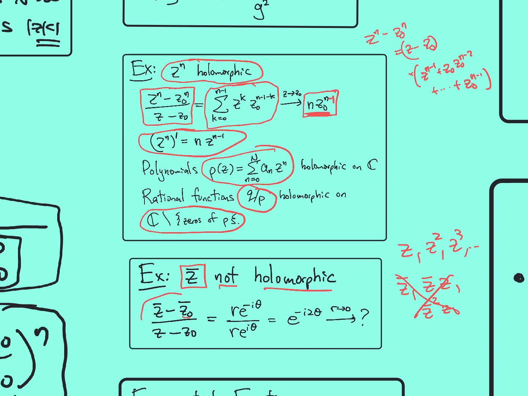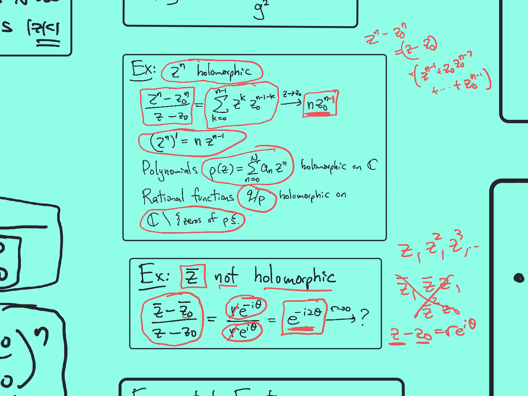You write out the difference quotient, and if I write z minus z naught in polar coordinates, then the bottom will be r e to the i theta, and the top will be the conjugate, so the r's will cancel, and you just get this e to the minus 2i theta function here, which as r goes to 0, which is equivalent to z naught going to z, tends to different things depending on which direction you're going.